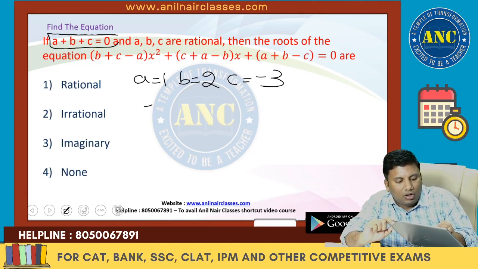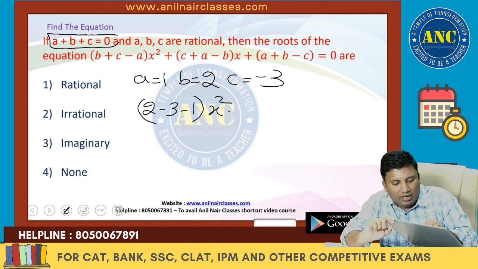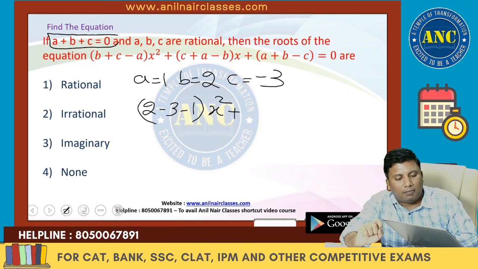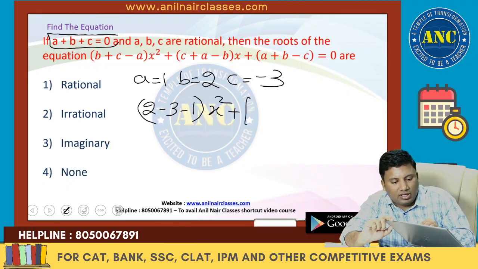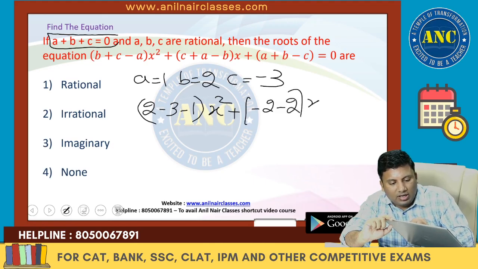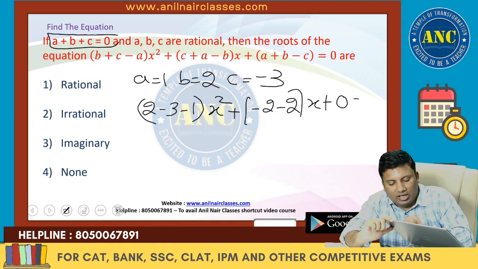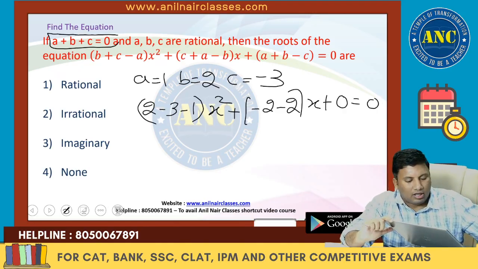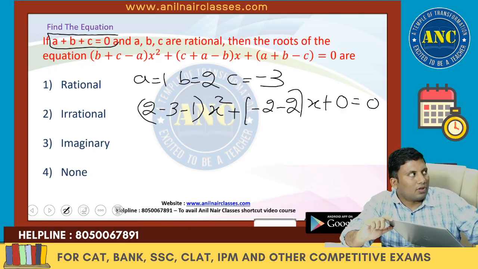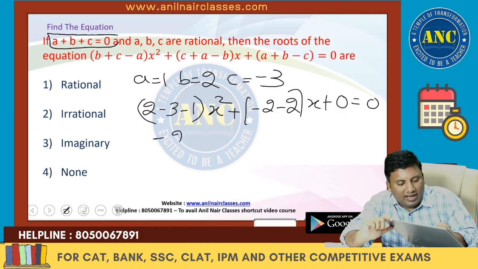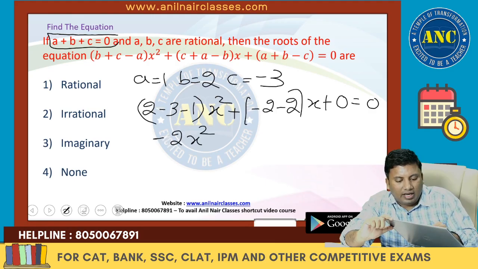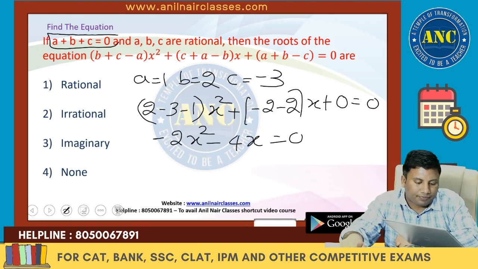This will become 2 minus 3 minus 1 into x square plus c plus a minus b, which is minus 2 minus 2 into x plus a plus b minus c. That is 3 minus 3, which is 0. This is 2 minus 4, so minus 2x square, and next minus 4x equal to 0.